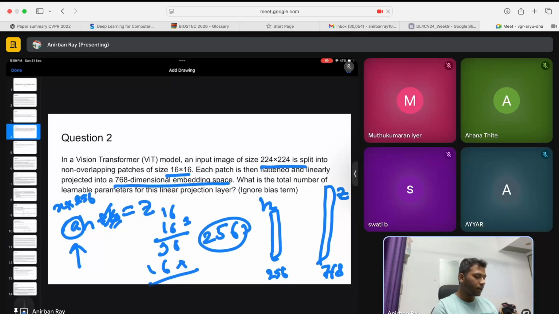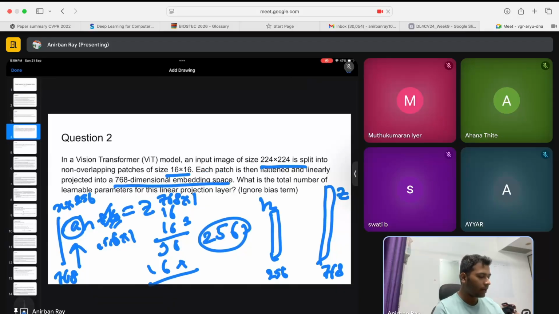And this dimension is 768 multiplied by 1. This is 256 cross 1. So you understand, for the output to be 768, A has to be 768 as well.